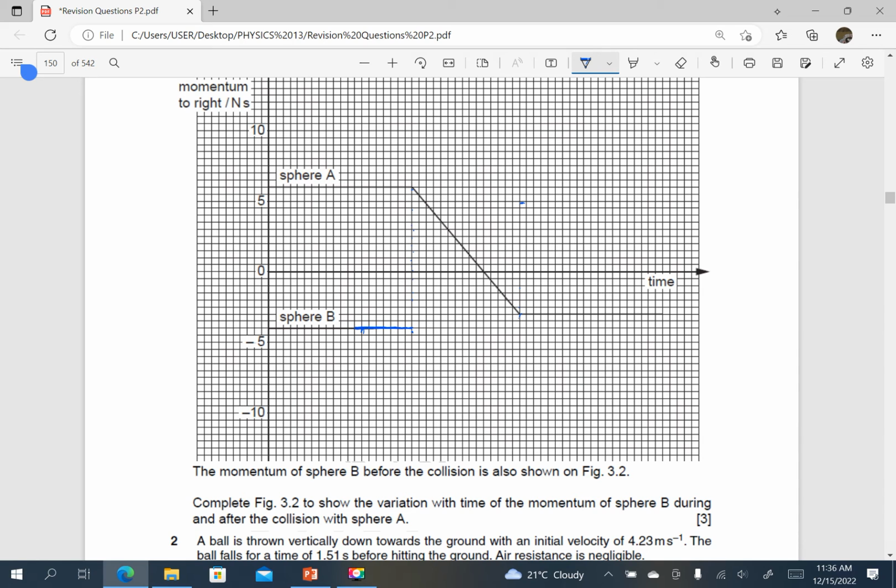So the other momentum will also increase up to that point. Remember, total momentum must remain conserved. So you must be very careful when you're drawing this. So it should be here.